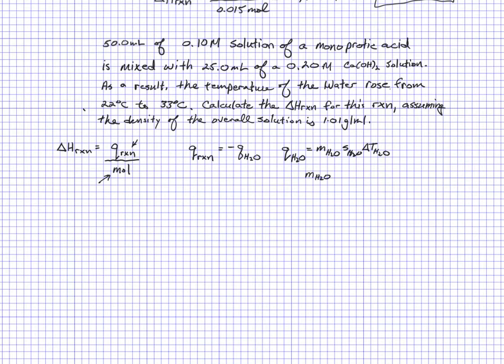We are not explicitly given the mass, but we are told the volume. We're told that we have 50 milliliters of the acid solution, and we have 25 milliliters of the base solution. So we have a total of 75 milliliters.